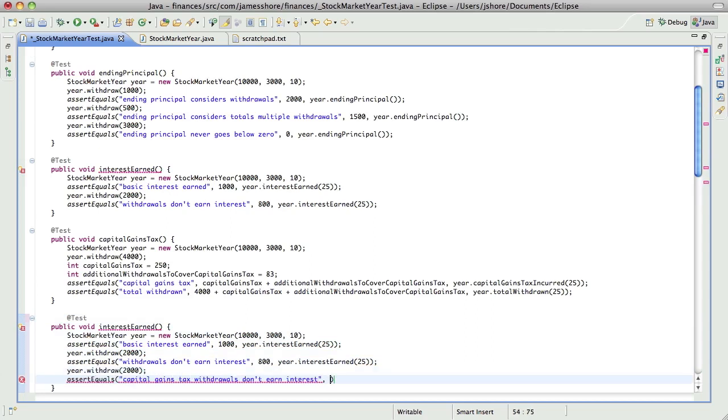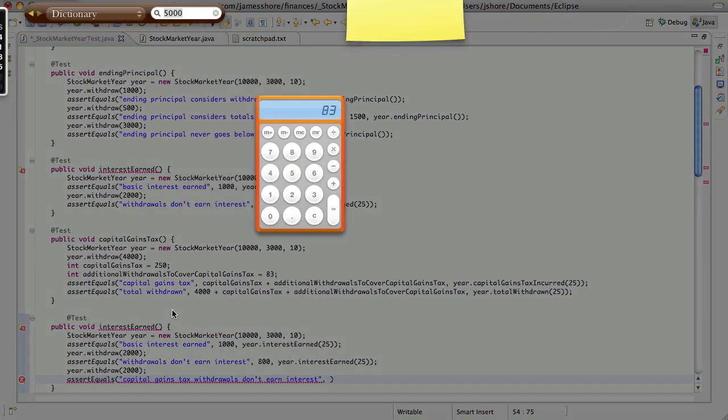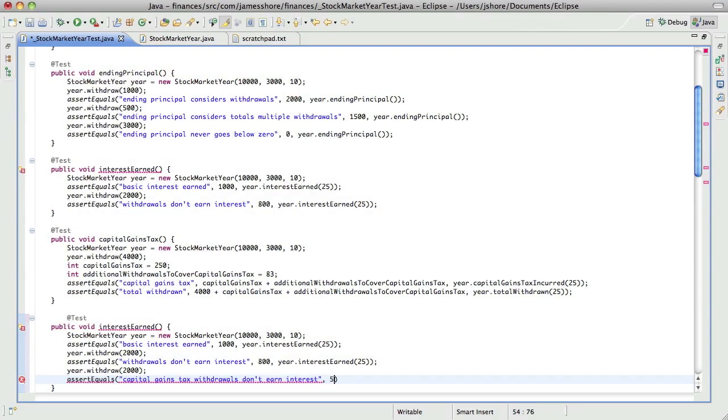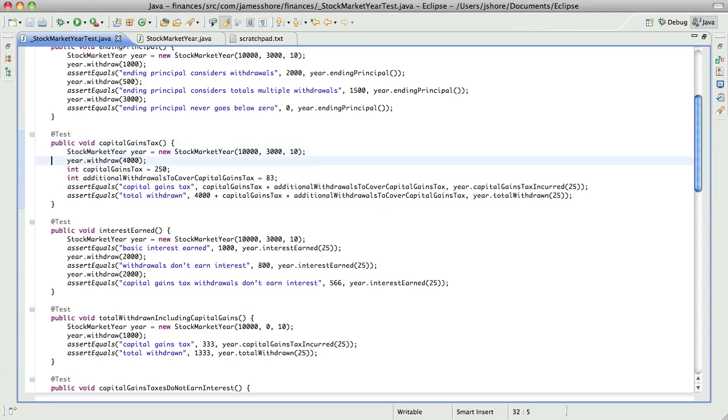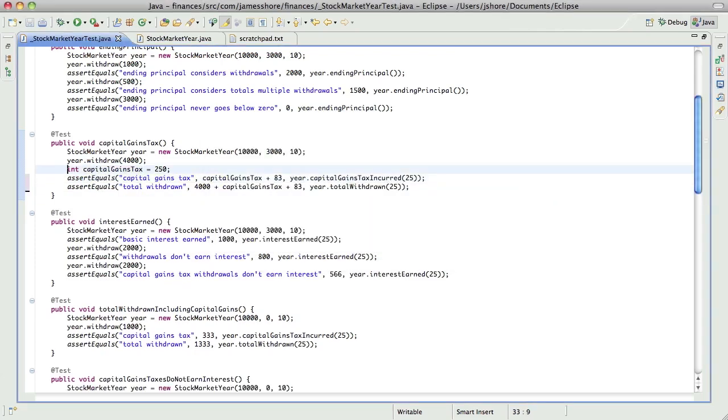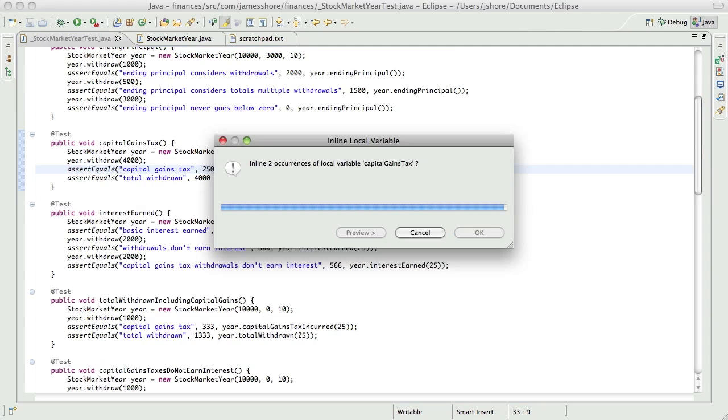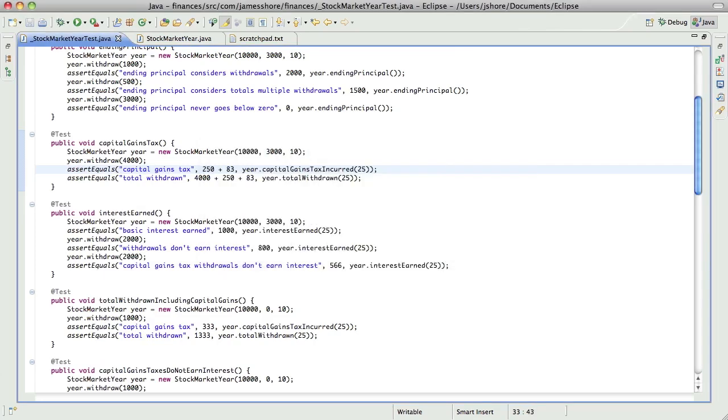So we're expecting interest earned to be 10,000 minus 4,000 minus 250 minus 333. 567 is our balance. 10%, that's 566. Okay. All right. I think I'm going to inline this, because at this point it's fairly clear.